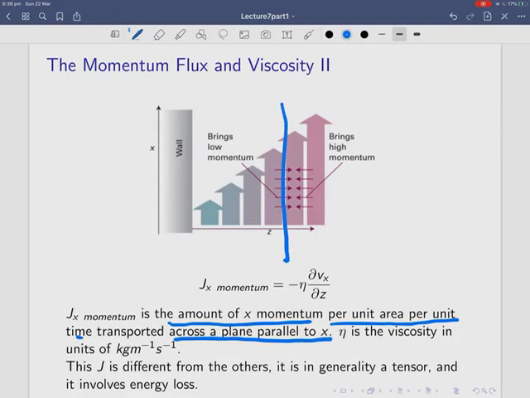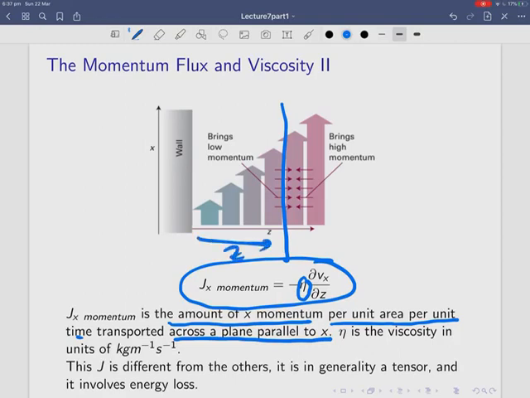Eta is the viscosity, and what you find phenomenologically, which is what basically Newton found, is that the momentum flux in the x direction depends on the viscosity. It's got a negative sign there, but it also depends upon the gradient of the x velocity in the z direction.